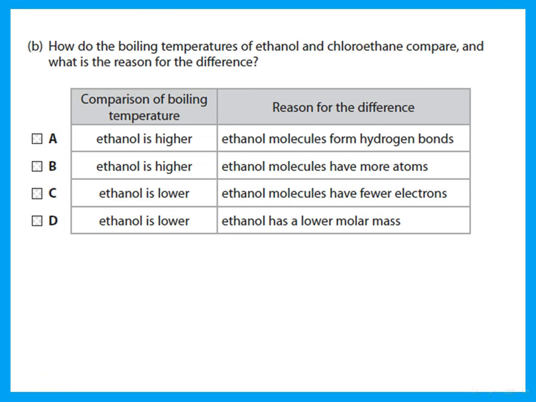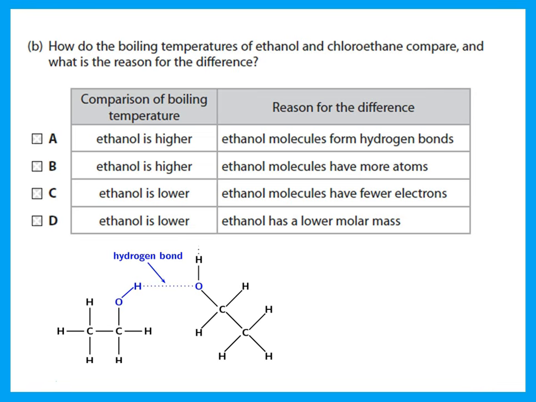How do the boiling temperatures of ethanol and chloroethane compare? Well, let us take a look. This is ethanol. You should know that ethanol has a hydrogen bonded to an electronegative element, so it can form hydrogen bonds with the next ethanol molecule, and that means that its boiling temperature would be higher.